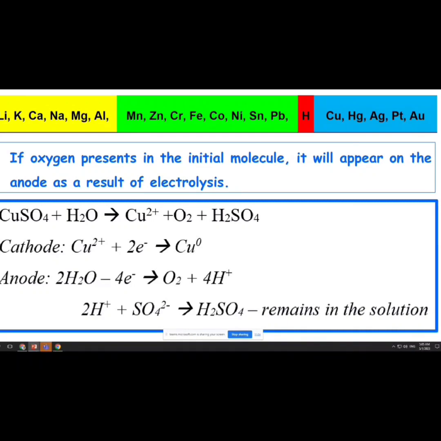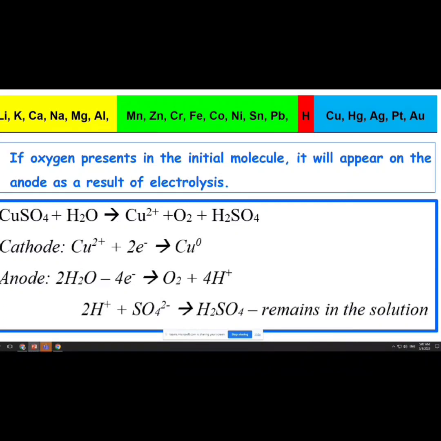Because if we have oxygen, on the anode we will not have SO4. Instead of having SO4, if in our anion we have oxygen, on the anode there will be such a process. Water will come, 2 molecules of water.